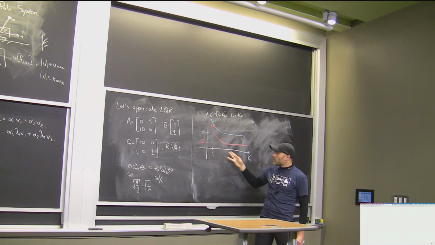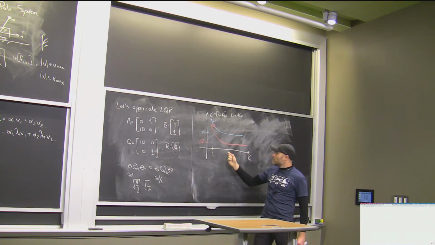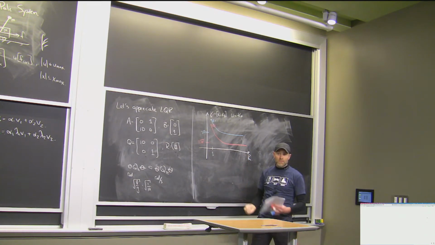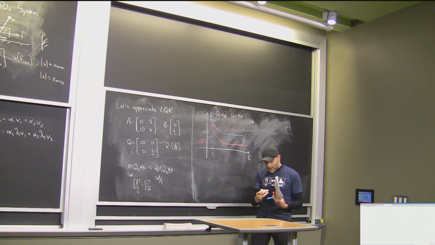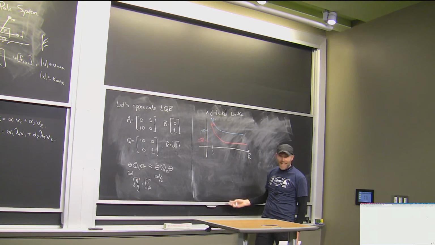It's parameterizing a class of controllers with Q and R, but that class of controllers is constrained to be stabilizing controllers, right? In fact, the class of stabilizing Ks actually is non-trivial.